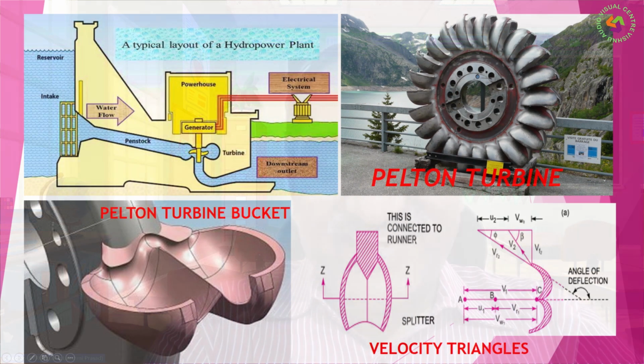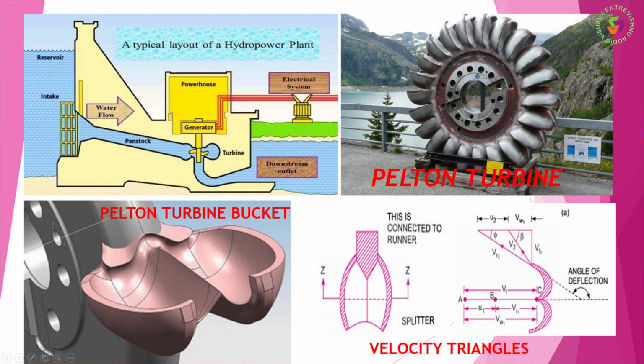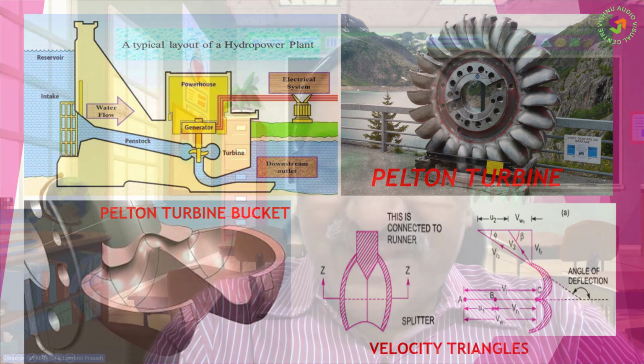If you recollect, the jet strikes basically at the center and leaves at the other end. That's what exactly it is, and we will take that up also. Again, there's no issue, but we will take up the velocity triangles first, because in all these cases, velocity triangles give the work done.